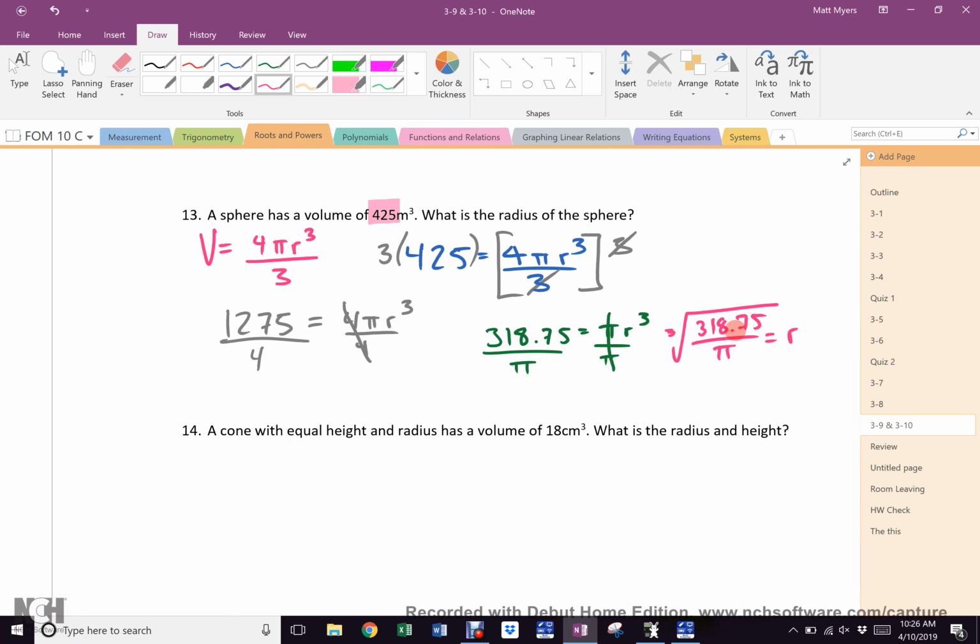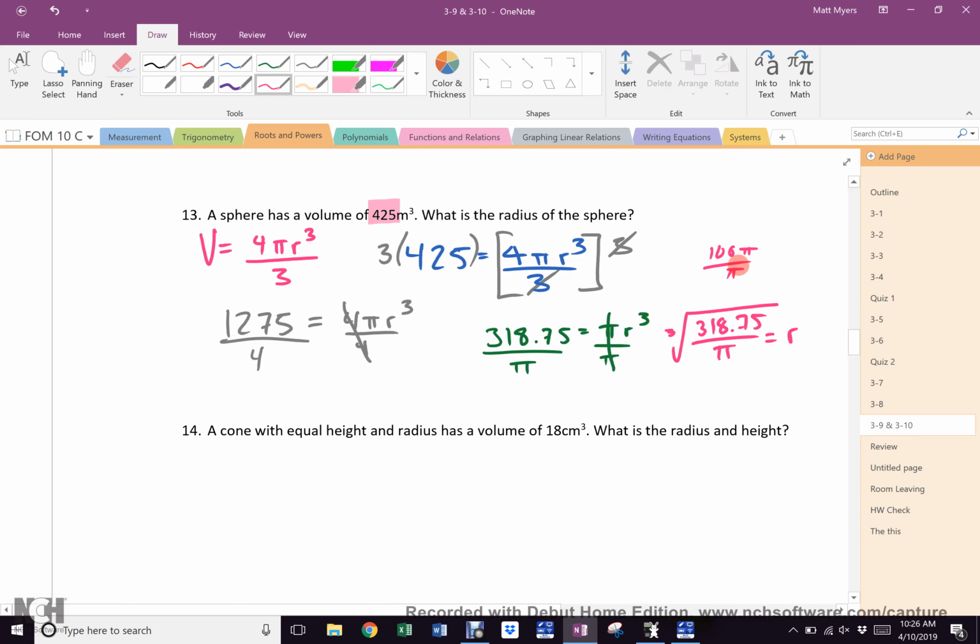Now, in my head, I know that this is almost pi times 100, isn't it? Right? Pi times 100 is 314, right? So that's basically 100 pi over pi, right?